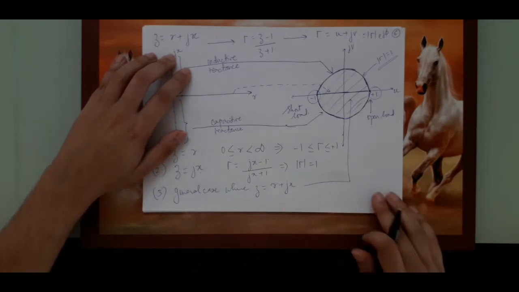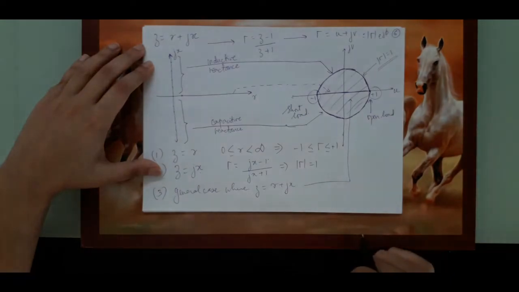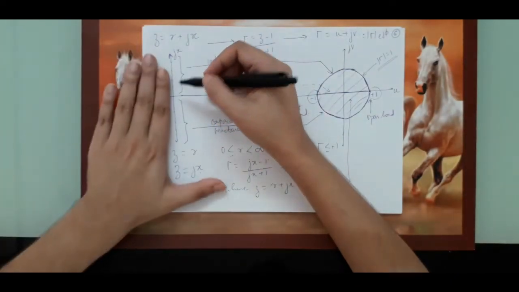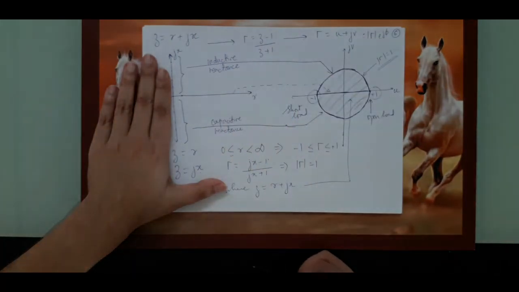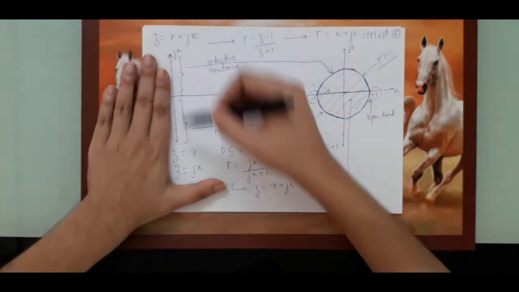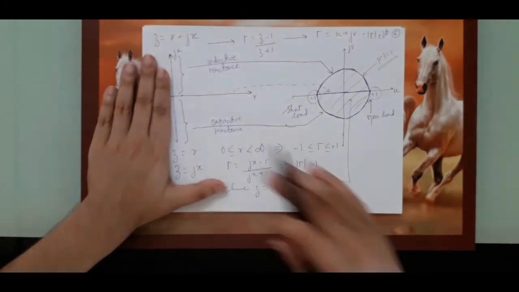Now this is something very interesting. We have taken two axes, one non-negative from 0 to infinity, that is the r-axis. The other is the minus infinity to plus infinity x-axis, or the reactance axis.